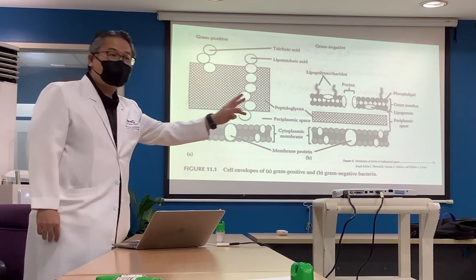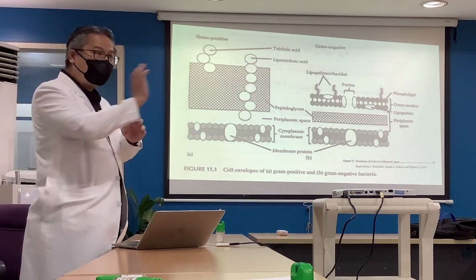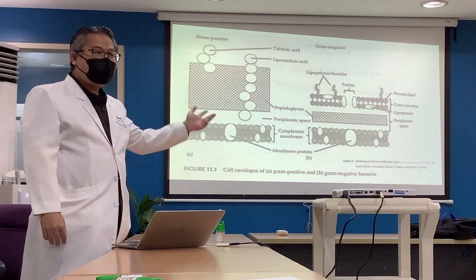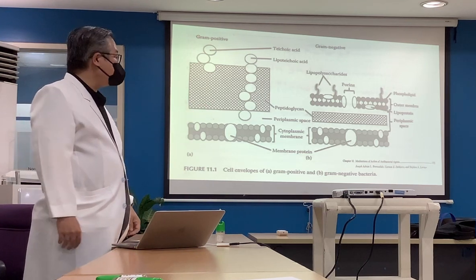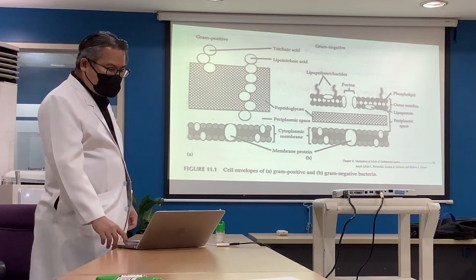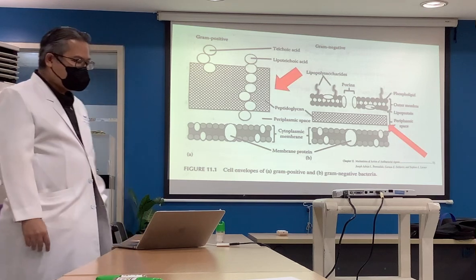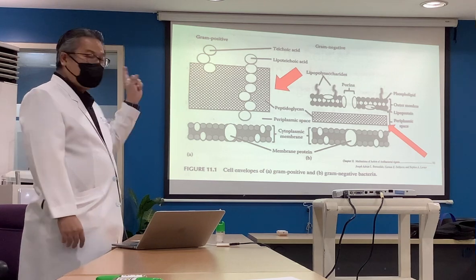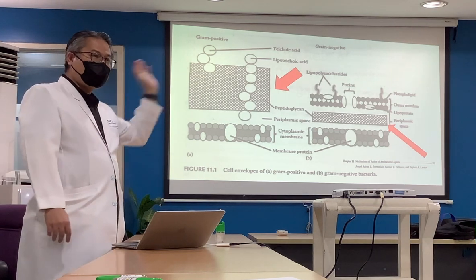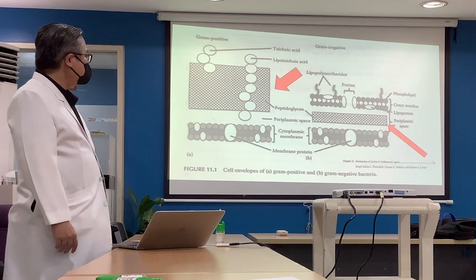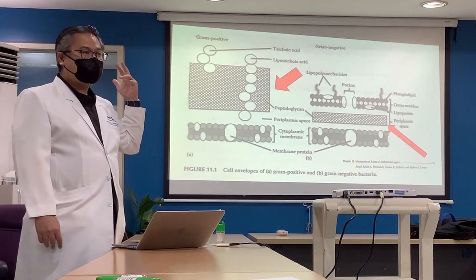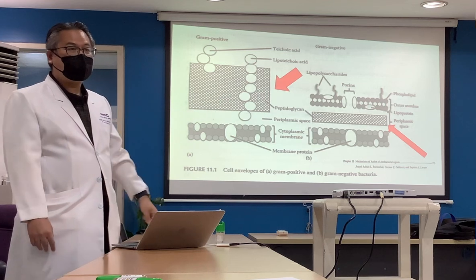On your right side, which will be our focus for the day, is how gram-negative cell envelopes look like. At first glance, you can see that the peptidoglycan layer on this side and the other side are very different. Thicker in the gram-positive and thinner in the gram-negative.